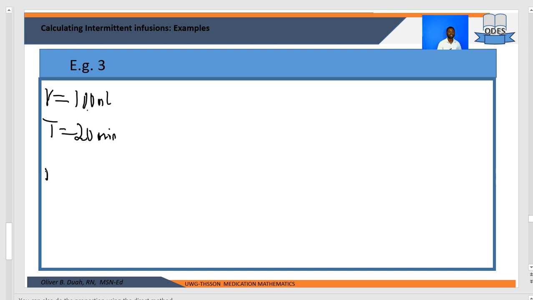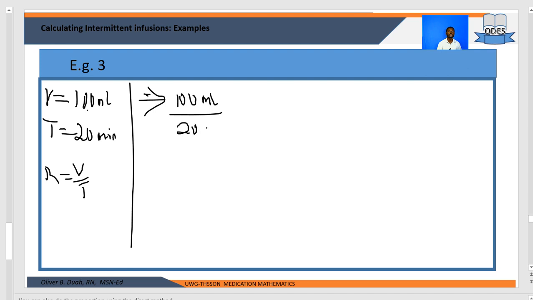We know that rate is equal to volume over time. So this is going to be 100 ml over 20 minutes. So 0 will cancel 0, and 2 will go into 10 5 times. And so we have 5 ml per minute. Okay.